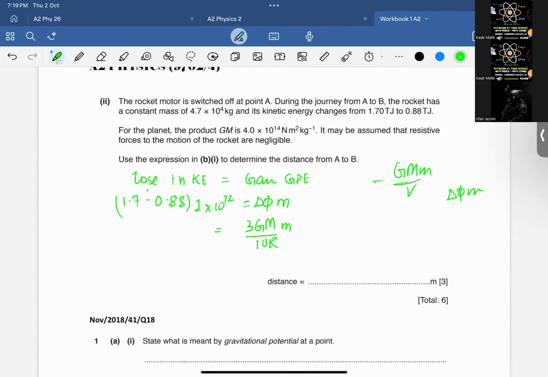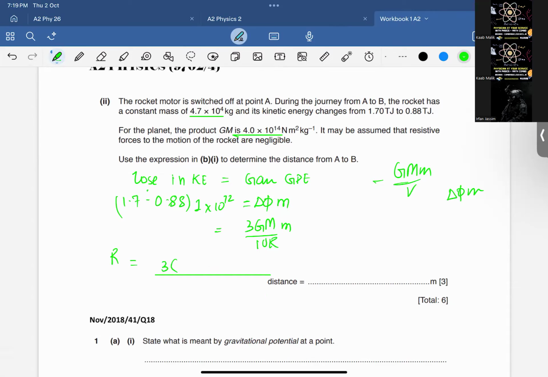We know the second mass m is of this magnitude, and the first mass and GM are of that magnitude, so we can use them to find r. Bring r to the other side and divide by 3.